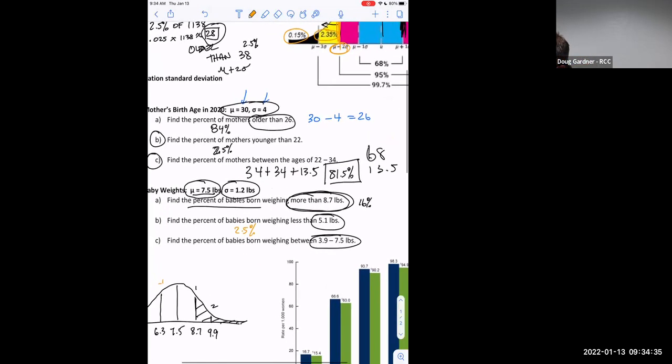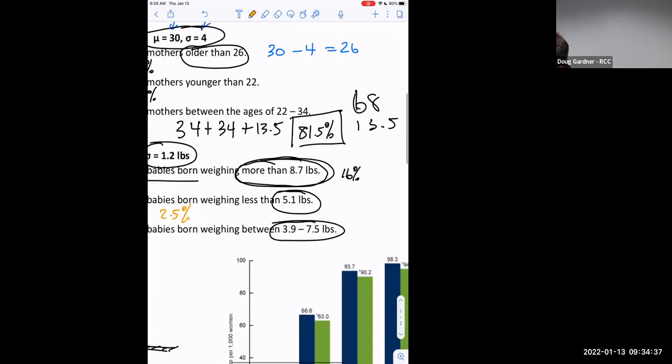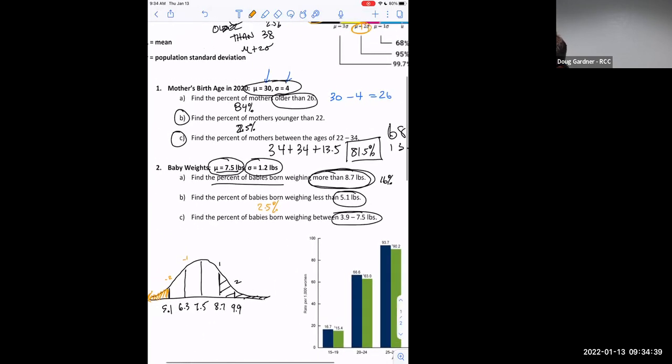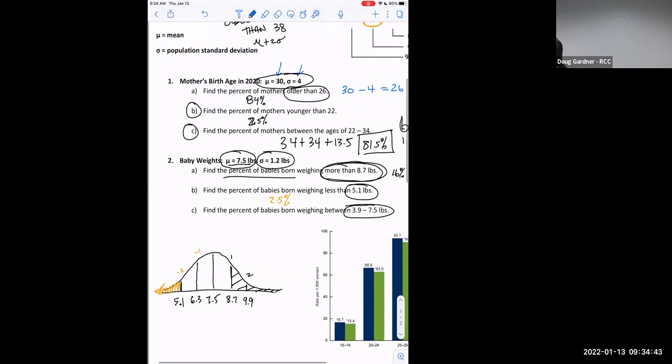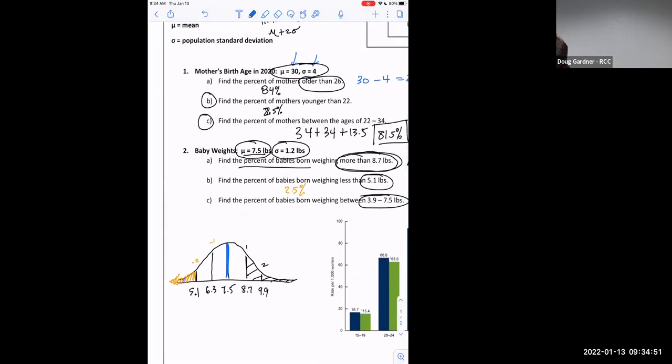And then between 3.9 and 7.5, let's see what's between 3.9 and 7.5. Hey, look, 7.5 is on here, but notice 3.9 is not. Well, that's because I didn't go down one more step. 5.1 minus 1.2 does put me at 3.9. So this is saying what's between here.